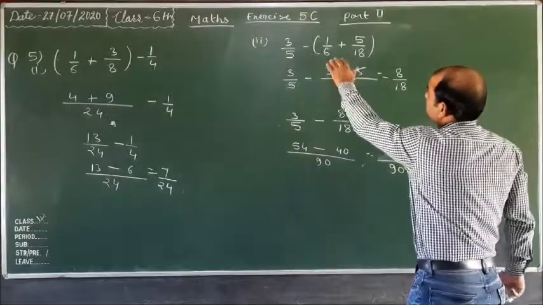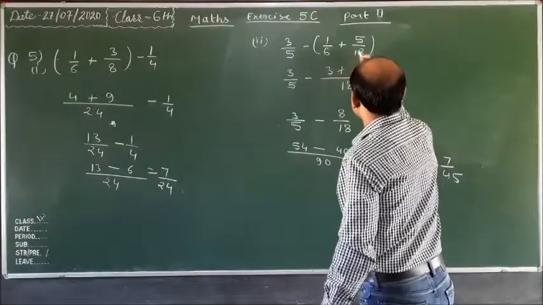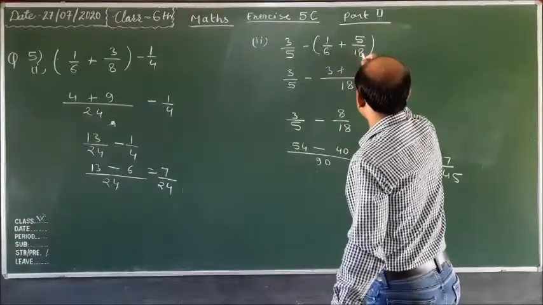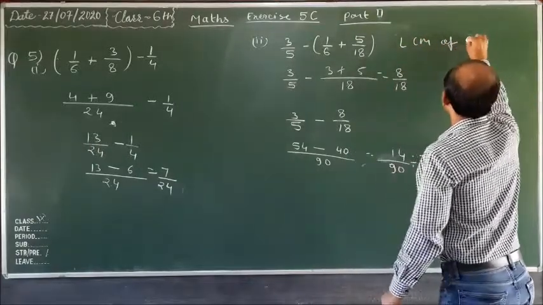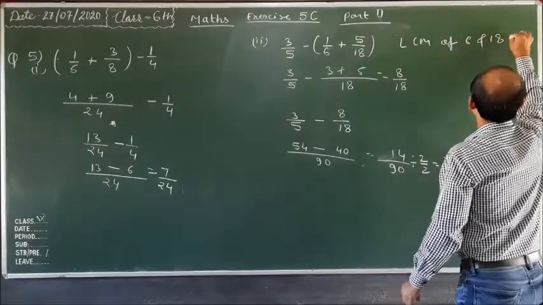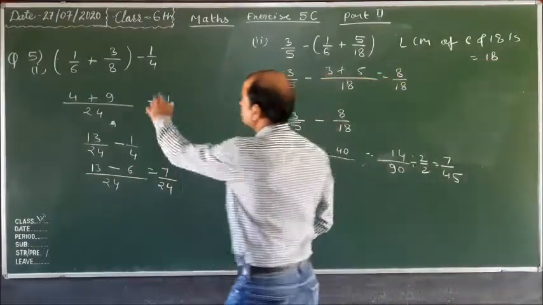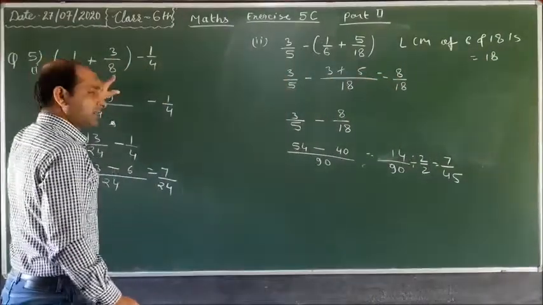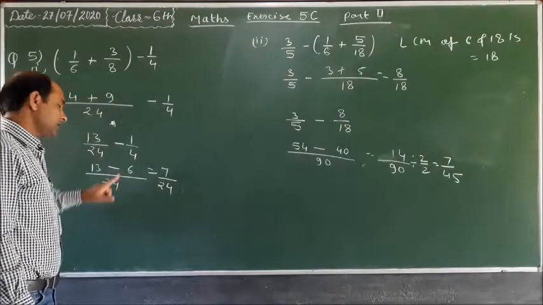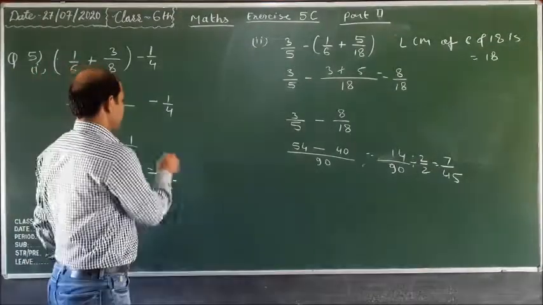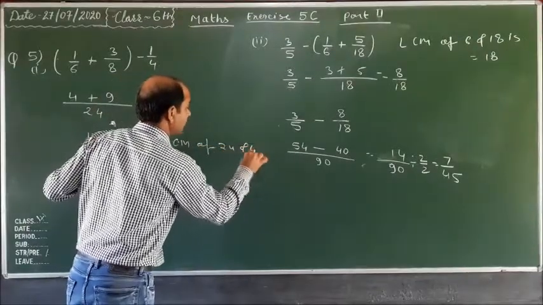Now dear children, first we take the LCM of these denominators. The LCM of 6 and 8 is 24.